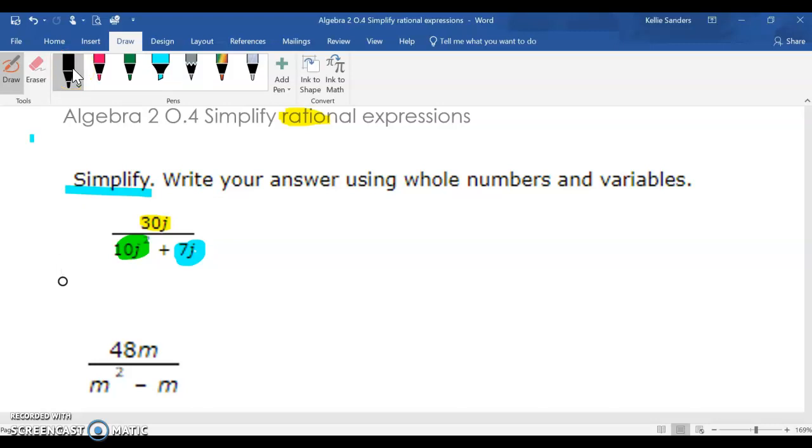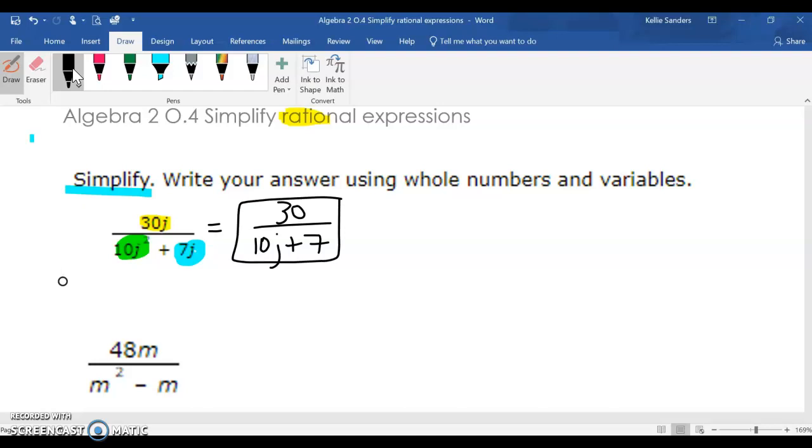And so we're going to take a j out of everything. So I'm going to take a j out of the 30. I'm going to take a j out of the 10j squared, which leaves me with a j. And then I'm going to take a j out of the 7.